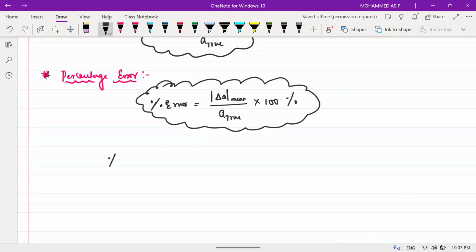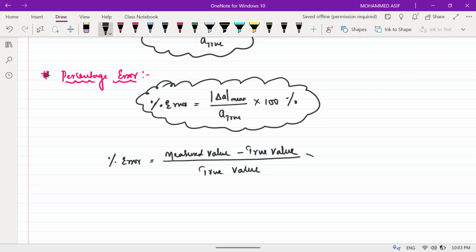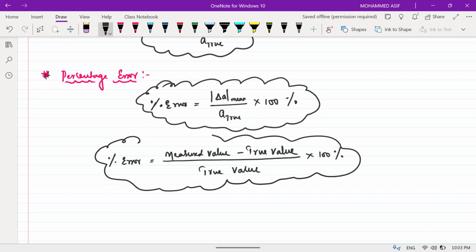If I write it like this, percentage error is equal to measured value minus true value, divided by true value, always throughout physics, into 100%. That is how we calculate percentage. In mathematics also we calculate percentage in the same way.